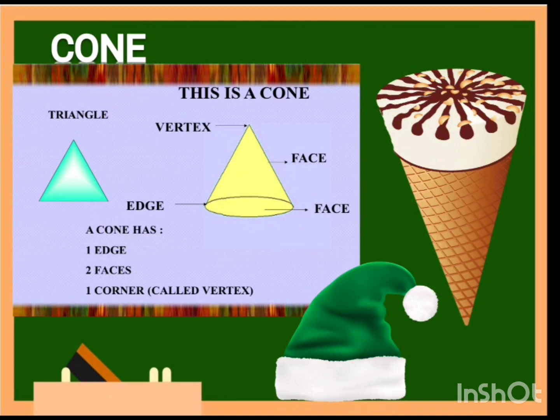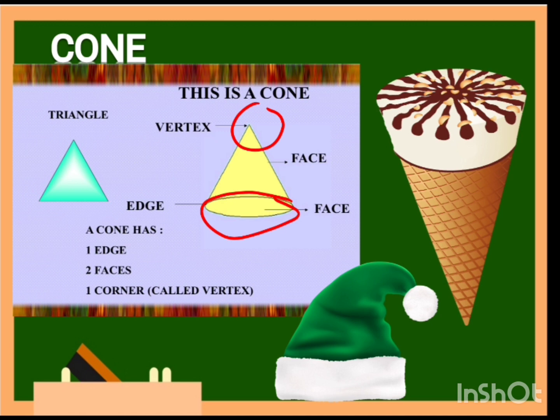Next solid shape is the cone. Now we have to write the number of edges, faces and vertices. Vertex means corner. Now you know that a cone looks like a triangle. So you can see here only one corner is there. So we can write that only one vertex is there in a cone. Now how many edges? You can see only one edge.